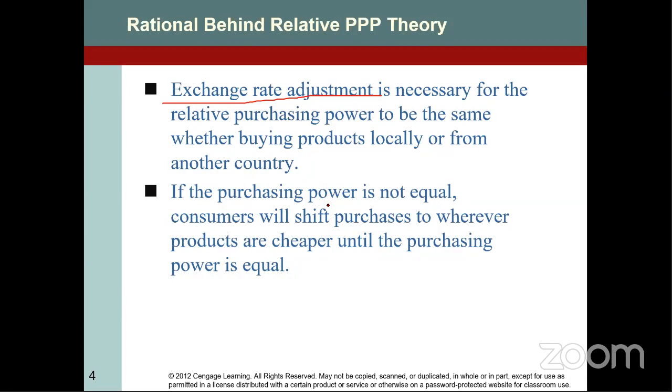So if the purchasing power is not equal, then you will buy your iPhone in Singapore and bring it to Indonesia. So the consumers will shift purchases to whatever products are cheaper. That's what you usually do. If you have friends going abroad and you say, "Hey, I want to buy an iPhone," they will buy it in the foreign country because it's cheaper, because it does not include the tariff for import goods and so on.